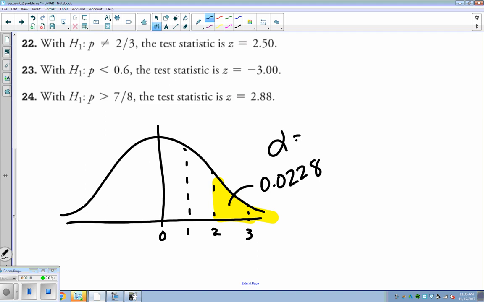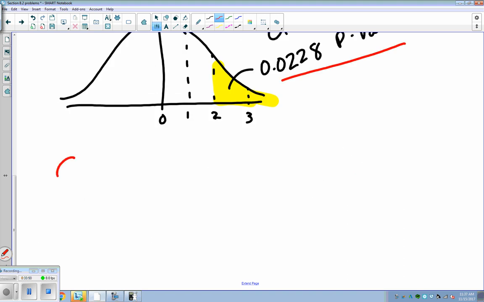My alpha is at 0.05. Since this is my p-value, I know right now I can reject the null hypothesis because it's way down here, less than my alpha. Okay? This is my p-value. The other thing now I need to find is something that's called critical values. And we've already found them before.